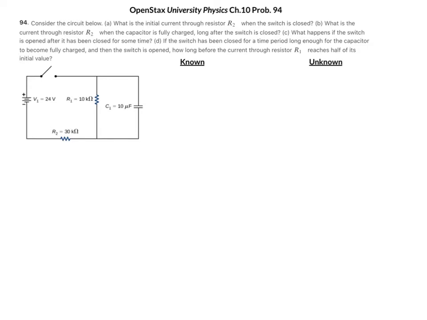When we open the switch after the capacitor is fully charged or has some charge in it, the capacitor will push charges through the resistor in the opposite direction that it was going in before, and this will happen until the capacitor discharges fully.